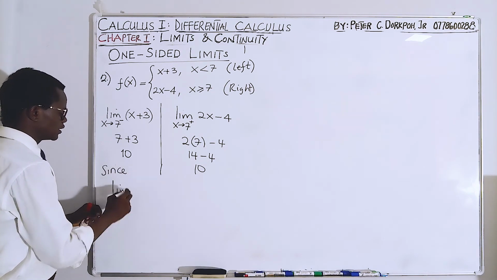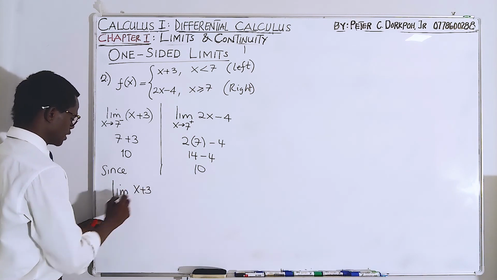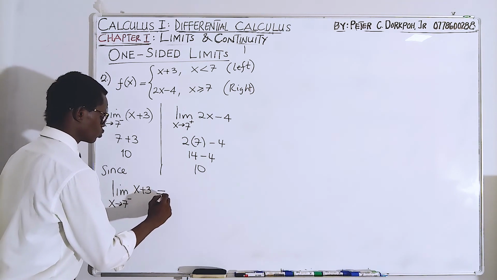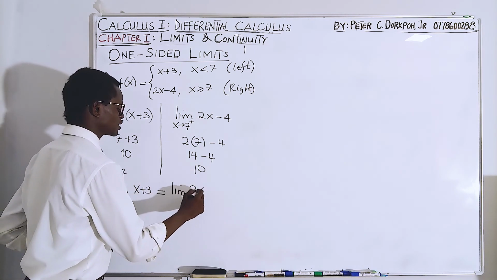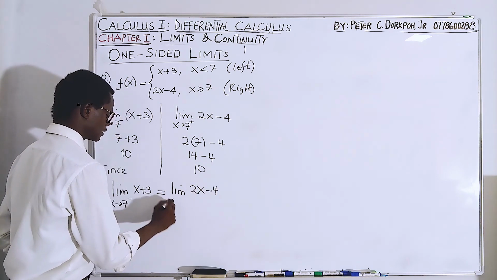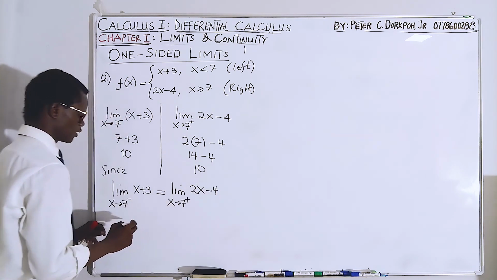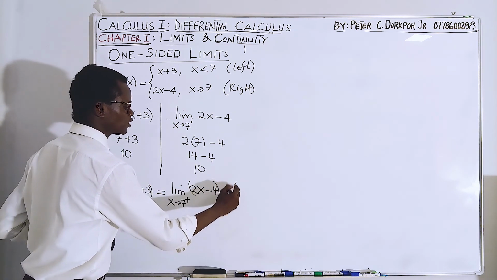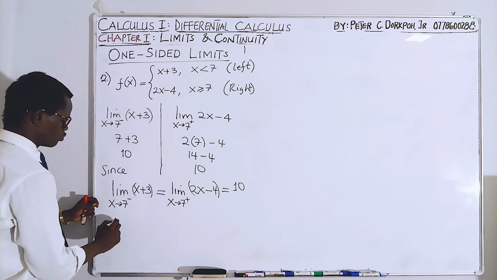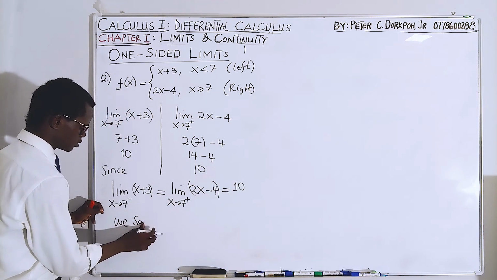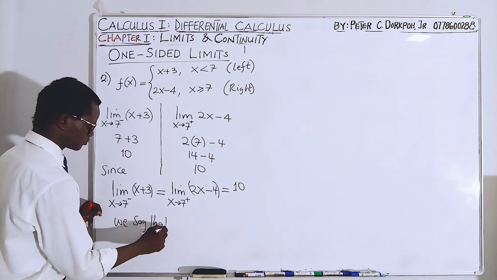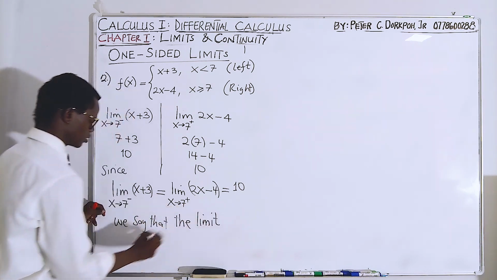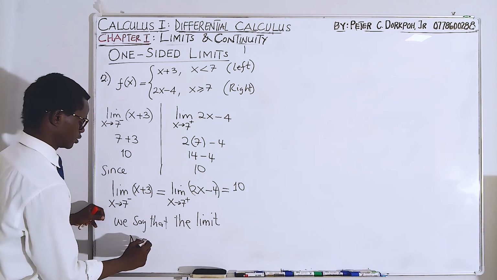Now because the limit of x plus 3 as x approaches 7 from the left is equal to the limit of 2x minus 4 as x approaches 7 from the right, since the limit of this function is equal to the limit of this function, or equals 10, we say that the limit does exist.